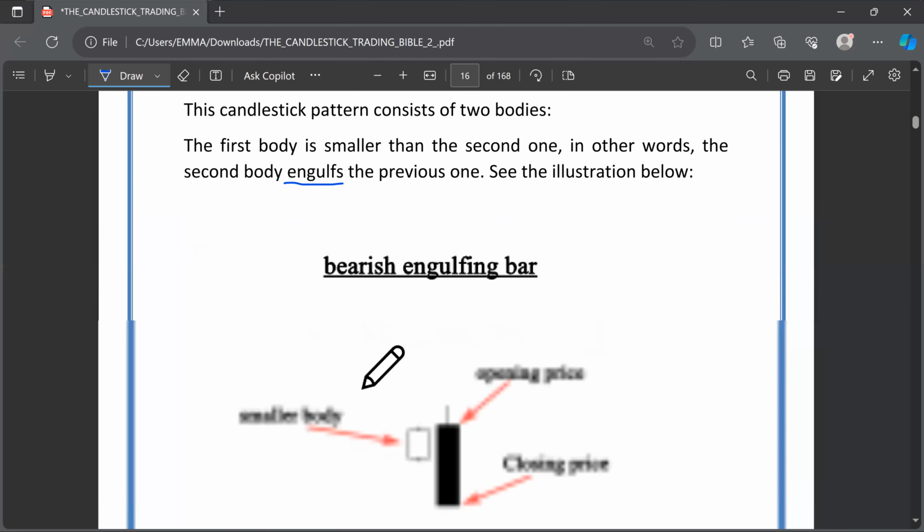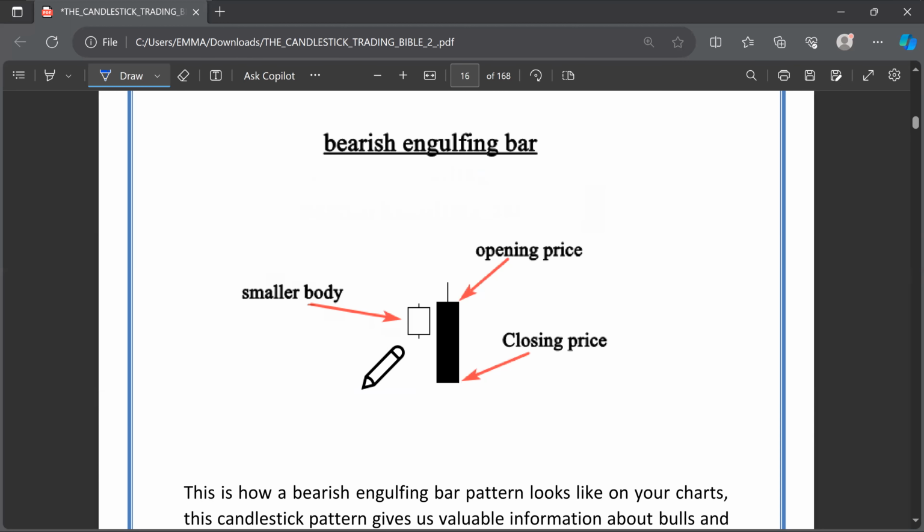So let's do it. Now we are still on the bearish engulfing bar. Like I said, the first one is a smaller one, and then the second one is a bigger one. You understand? But how will you know whether this is a bearish engulfing bar or a bullish engulfing bar?